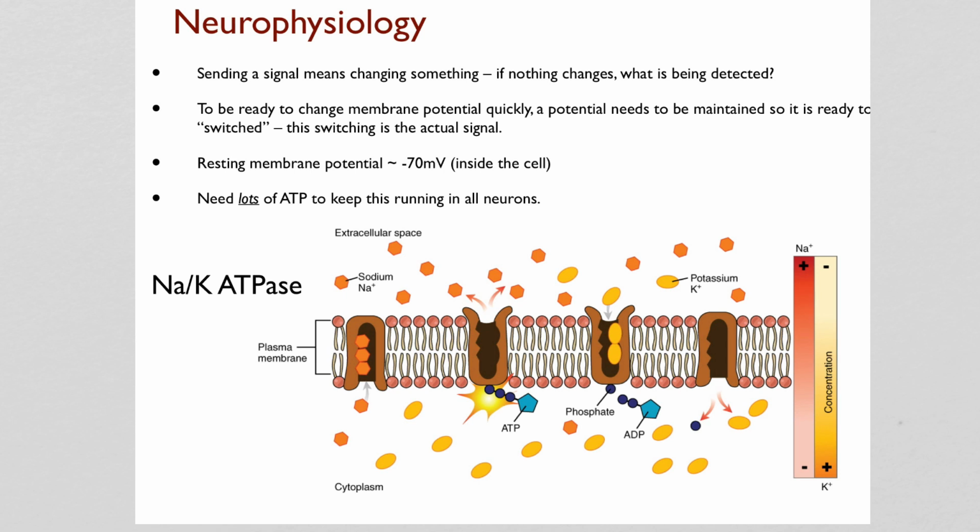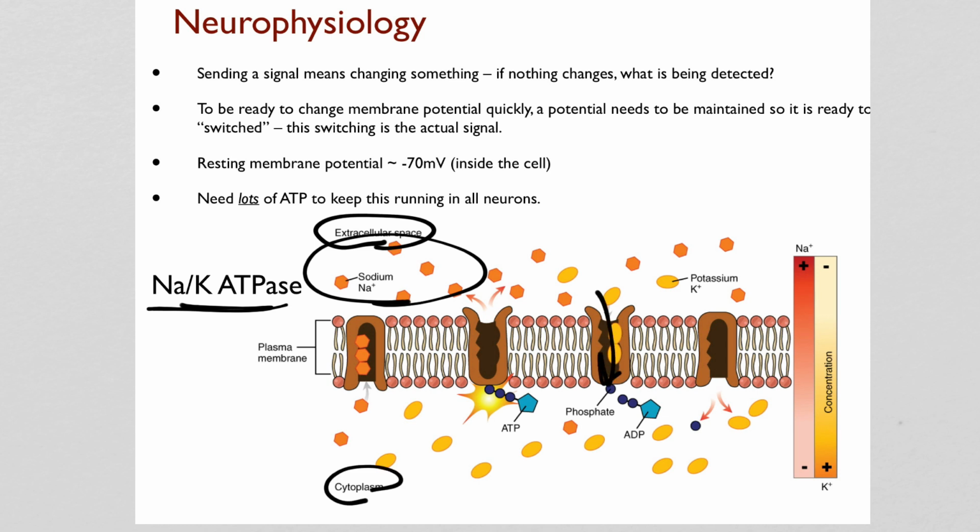So as a quick recap, the way this happens is there's a sodium-potassium ATPase, which is just an active transport pump that moves sodium to the exterior of a cell, right, extracellular space, and moves potassium to the interior of a cell in the cytoplasm.